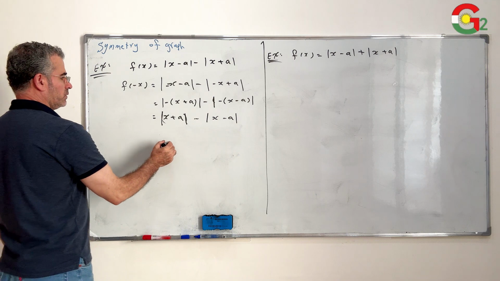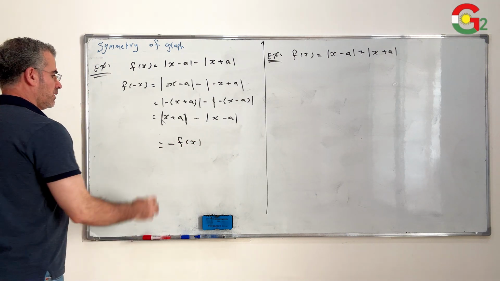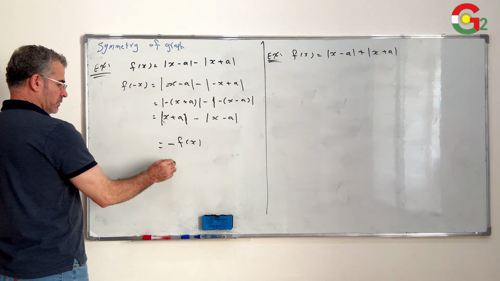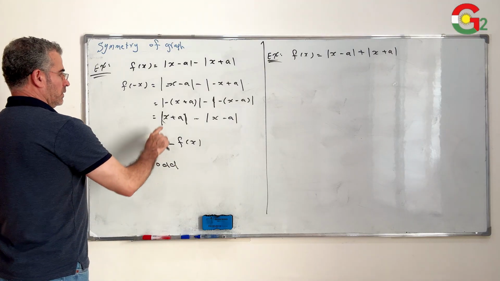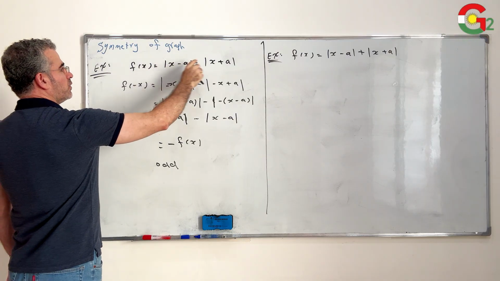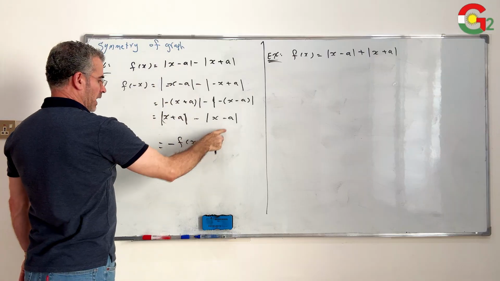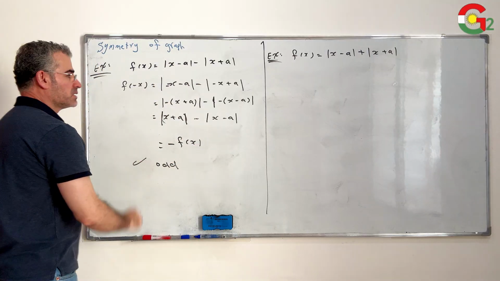Then this equals minus f of x. Then the function is odd. If you multiply this function with minus, then it will be x plus a minus x minus a. Then this function is odd.